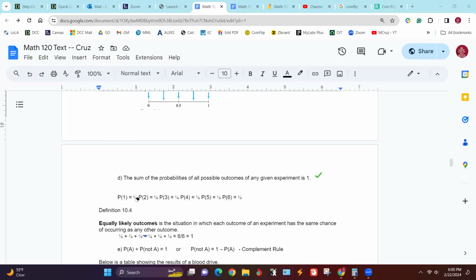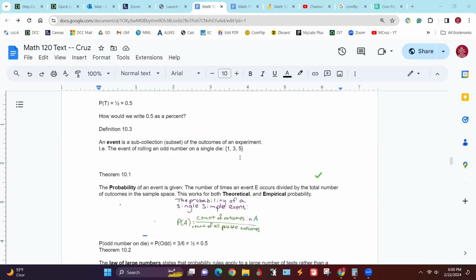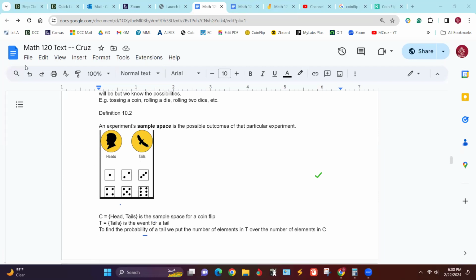For any calculation of any kind of scenario, we saw it for odd, that the 6 is in the denominator, and then the 3 ones that are odd in the top. But let's look at each one of the numbers here. If we want to find the probability of a 1, how many 1s are on that die? There's only 1 1. Likewise, there's only 1 2. There's 1 3, 1 4, 1 5, and 1 6.